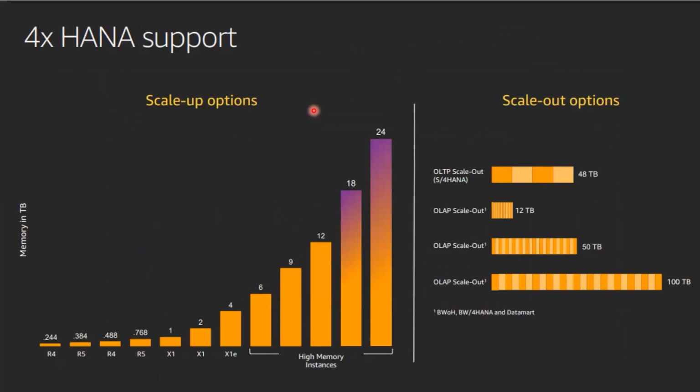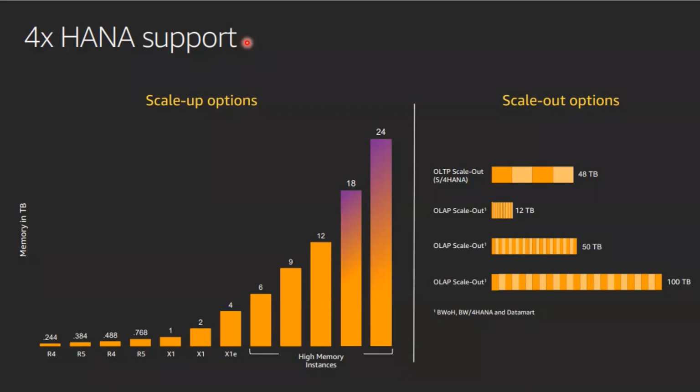All right. So we talked about scale up options. You can start very low, for example, with 244 GB of memory, and you can go really big. You can go up to 24 terabyte, with an instance which comes with 24 terabyte of memory.